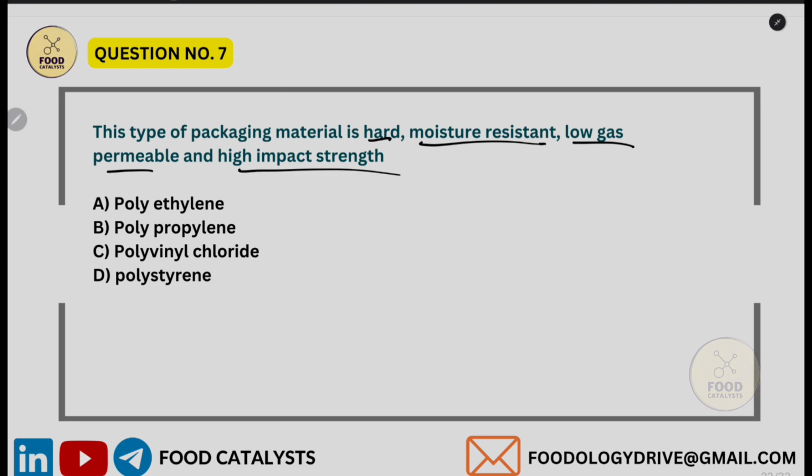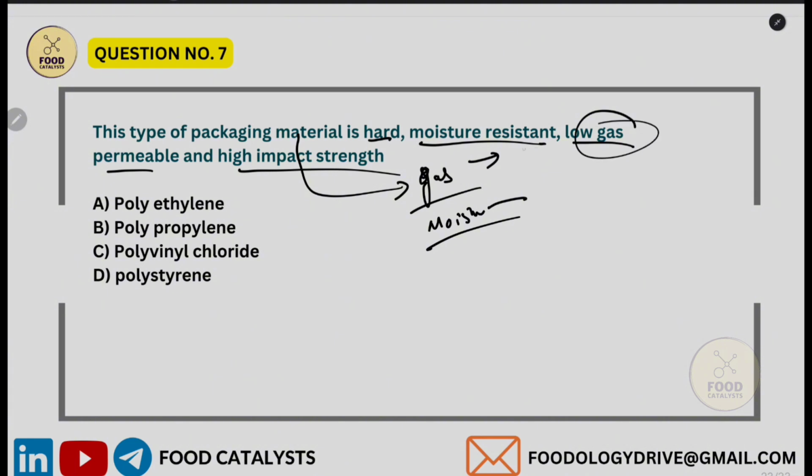Let me tell you, the concept in packaging material is pretty simple: we need to stop the gas from going outside or coming inside, and we need to stop the moisture from going outside or coming inside. Stopping the gas is called gas permeability, and stopping the moisture is called moisture permeability or moisture resistance. These are two important properties we need in a packaging material, which is why this is an important question.